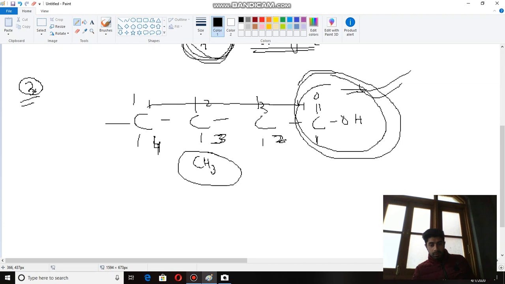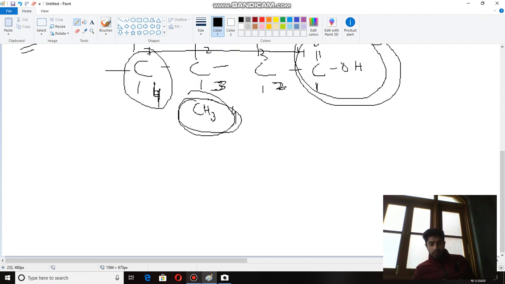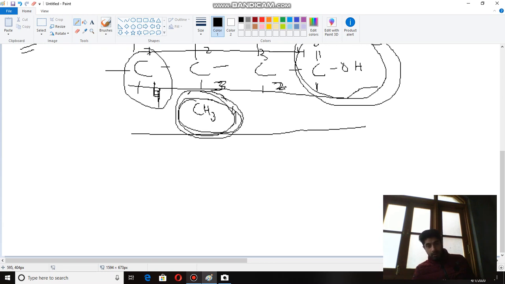Or we can choose this as 4. This will be then substitute. Now let's take this as 4 and this will take as branch. So while naming these type of compounds, this is to be named first, because this compound is considered as a derivative of this principal functional group.